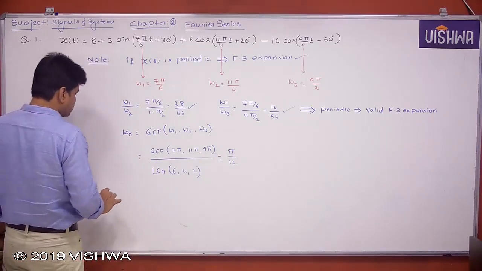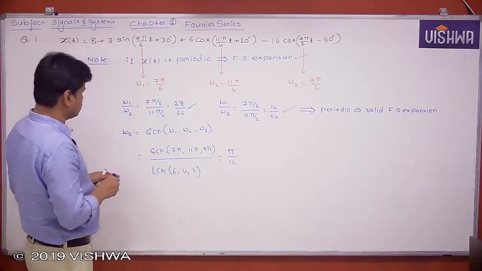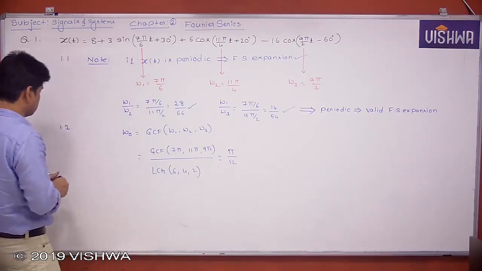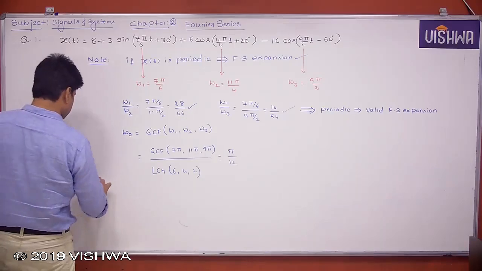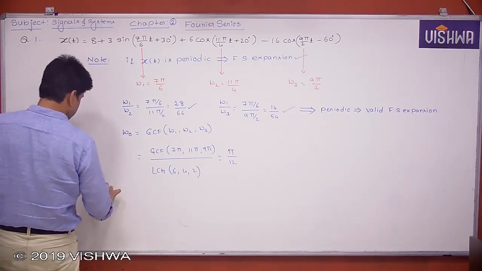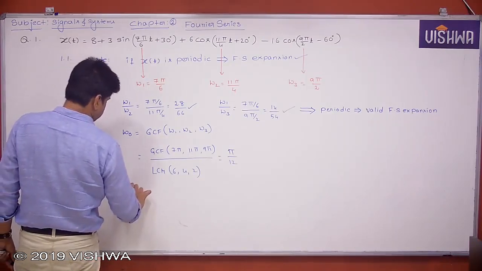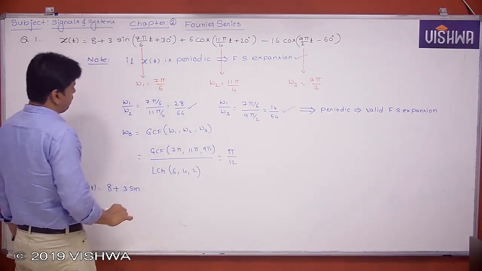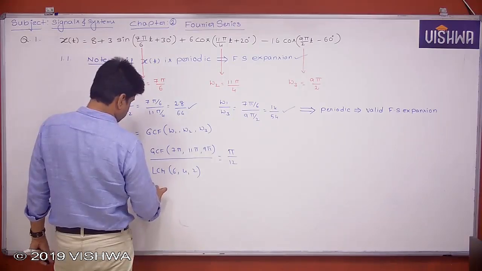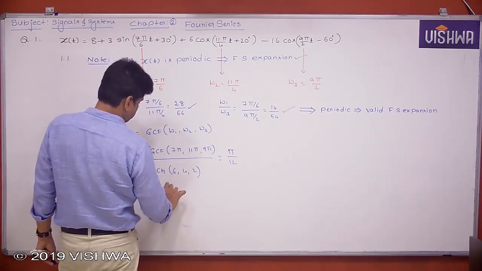Then what is the first term we have? Let's see. I am writing again. x of t is equal to 8 plus 3 sine (7 pi by 6 t plus 30 degrees).